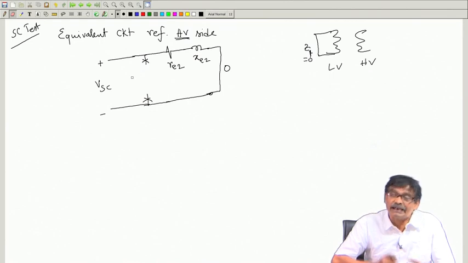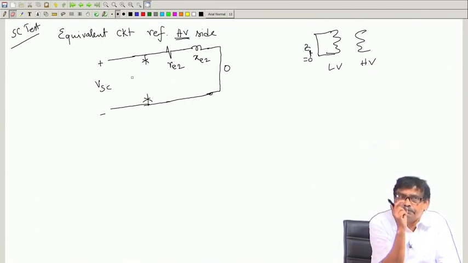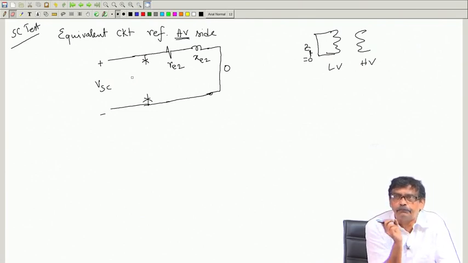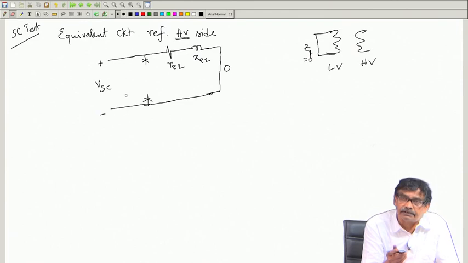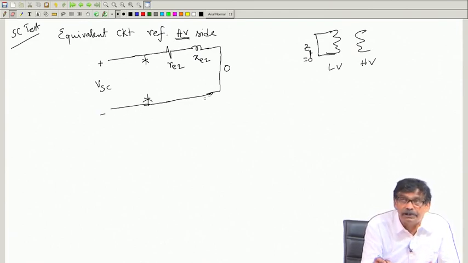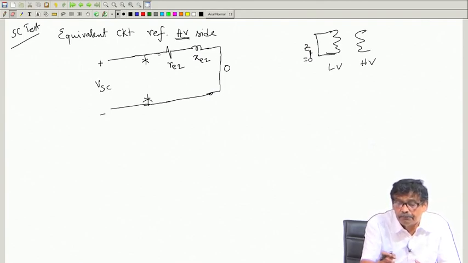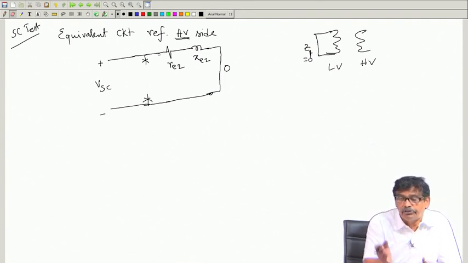Magnetizing current also will be too small, V divided by XM2, but V I am applying only VSC, which is much smaller than the rated voltage. So, both Im and Icl are quite small compared to this current, which is now the rated current on the HV side. For the transformer I have considered, I will apply such a voltage such that 5 ampere flows now. So, this will be the thing.